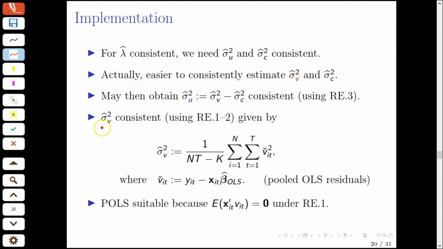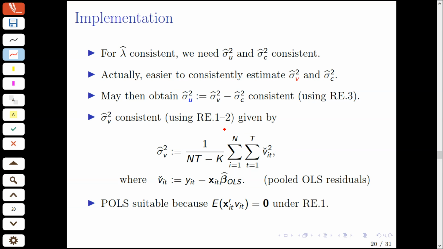So as a first step, we'll construct a consistent estimator of the composite error variance. Now here, making use of our first two random effects assumptions, which involved both an orthogonality condition and a rank condition, we can construct a consistent estimator by an appropriate average of the pooled OLS residuals.